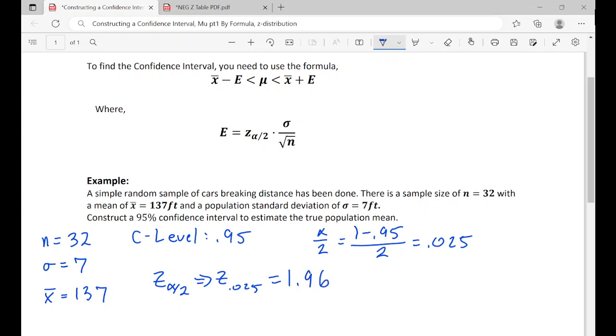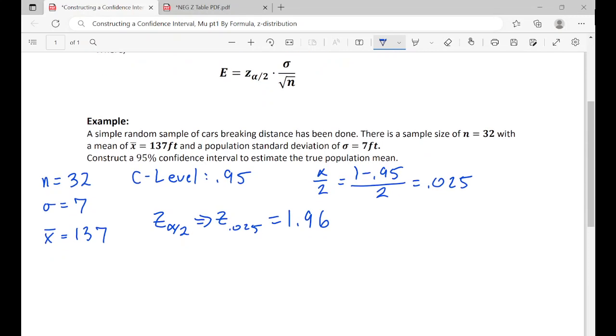So there is our critical value, and now we just do the 1.96 times the standard deviation over the square root of n. So the margin of error is going to be 1.96 times 7 over the square root of 32.